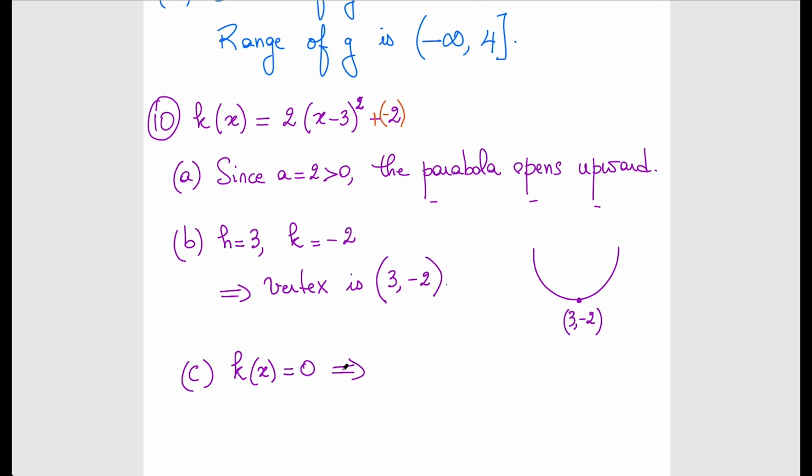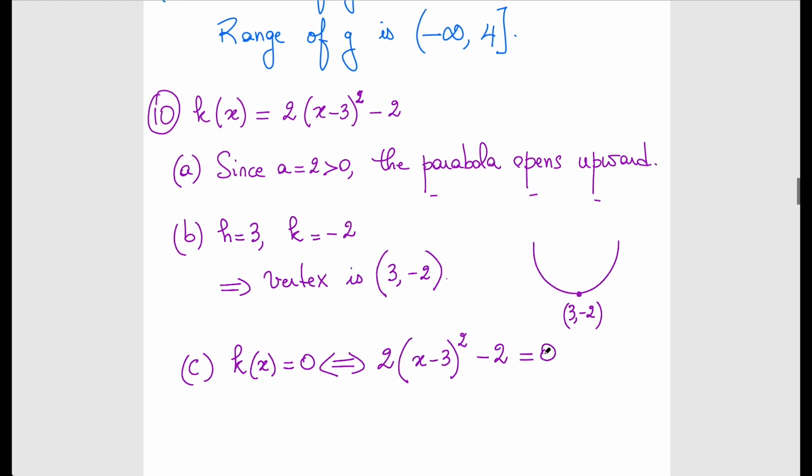Okay, and that's equivalent to, let's rewrite it as it used to be so we don't confuse ourselves.